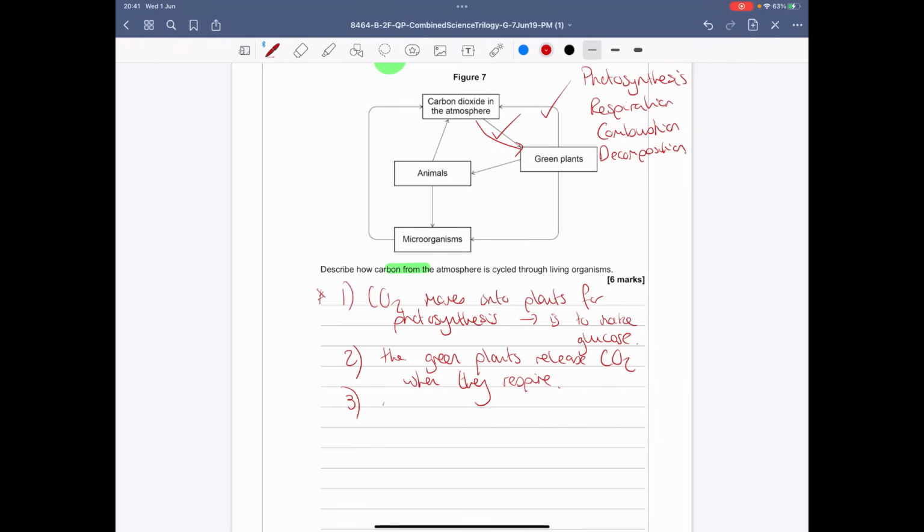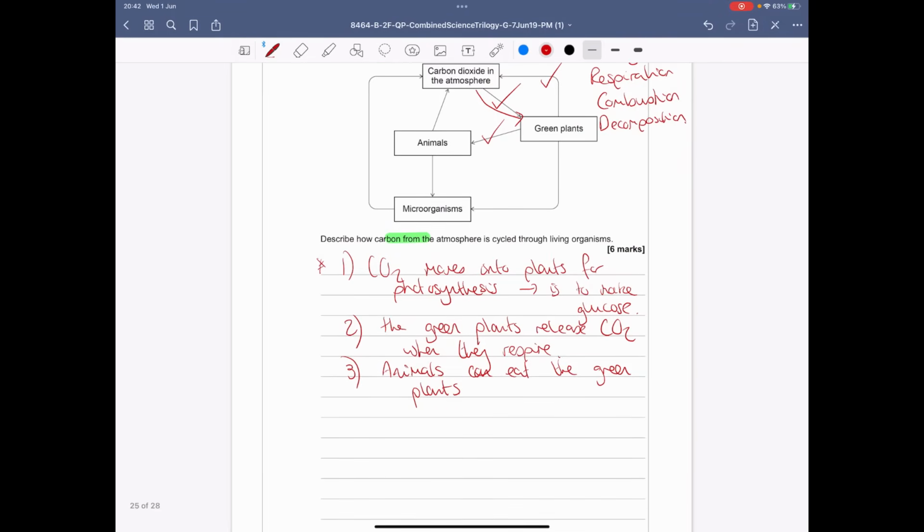Point number 3, animals can eat the green plants, which is represented here by the energy from the plants going into the animals. Then what happens to all plants and animals eventually?